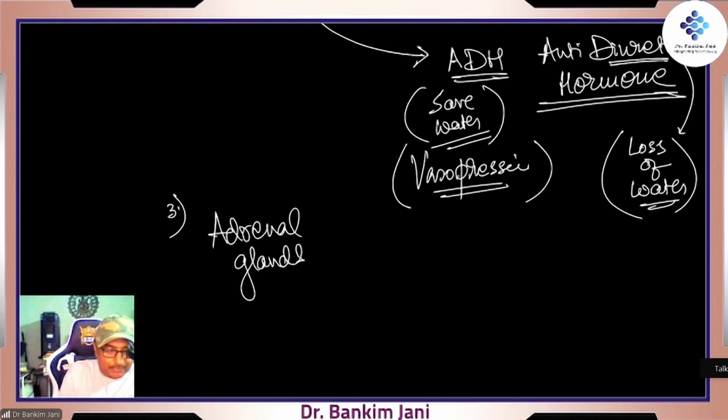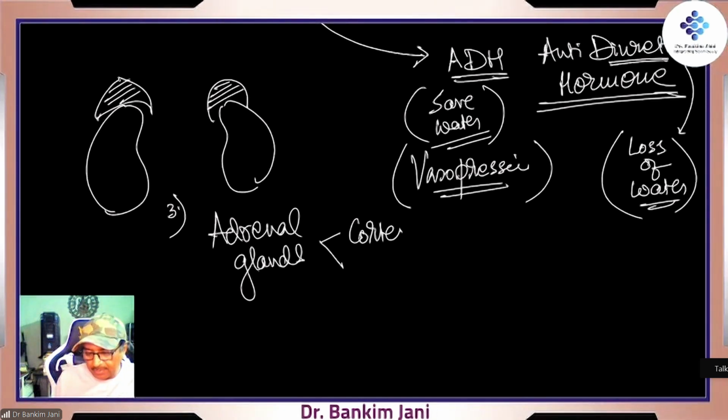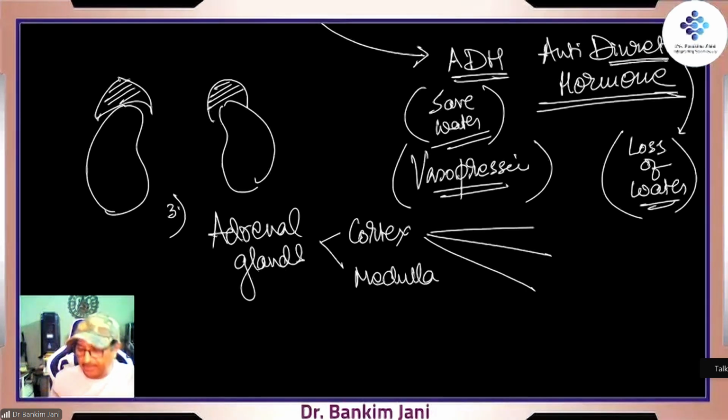If this is the kidney, then the cap on the kidney is the adrenal gland, and in the adrenal gland there is the cortex and then the medulla. In the cortex there are three zones: zona glomerulosa, then zona fasciculata, and zona reticularis. We'll see that, and all of them will be releasing something very important.